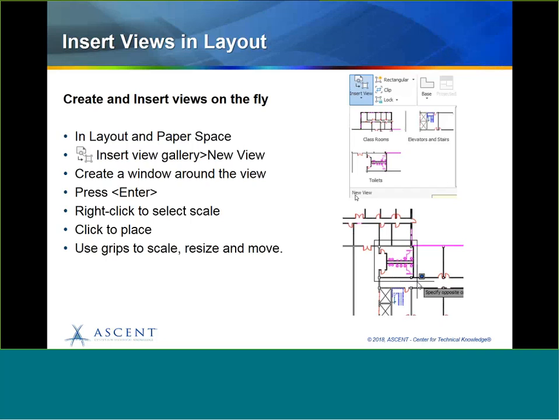At this very moment you can right-click, set the scale and see how it fits on the paper, or you can just proceed and insert the view, and then later set the scale. You can use the grips to set the scale, and to move or resize the viewport window.